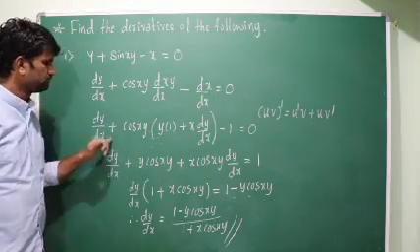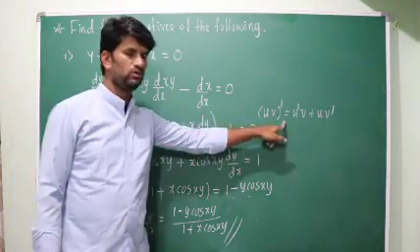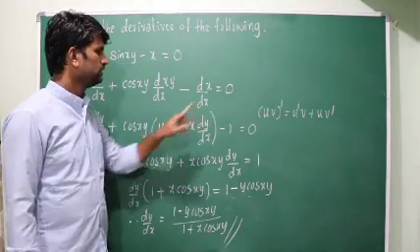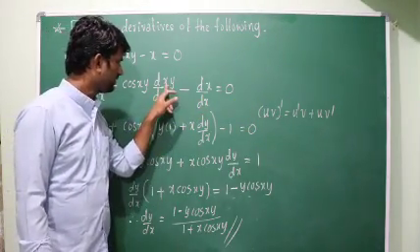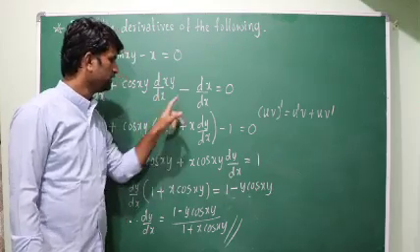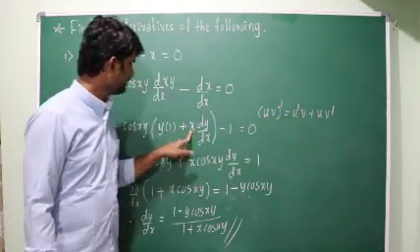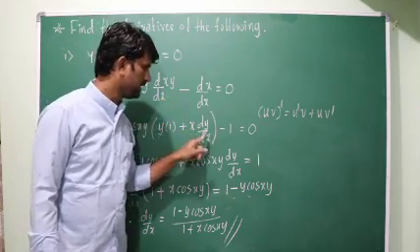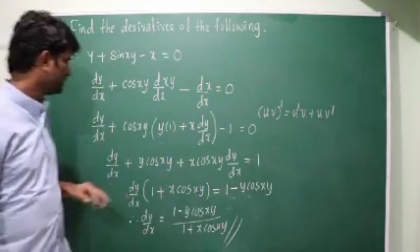dy by dx plus cos xy, by the product rule, differentiate the first function first and second function as it is. So differentiation of x with respect to x is 1 plus first function as it is, that is x we have here. So differentiation of y with respect to x is dy by dx, and this is equal to 0.